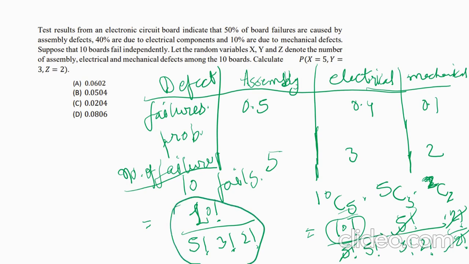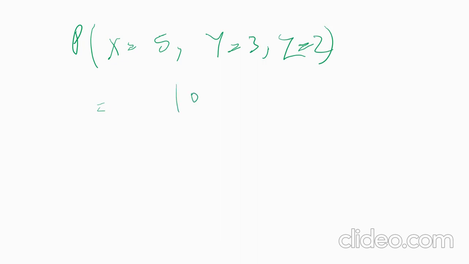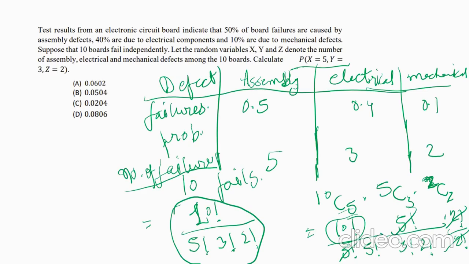Now what is given here is that we want to find its probability. So probability X is equal to 5, Y is equal to 3, Z is equal to 2 will be what? It will be 10 factorial divided by 5 factorial divided by 3 factorial divided by 2 factorial, and then its multiplication with this probability.